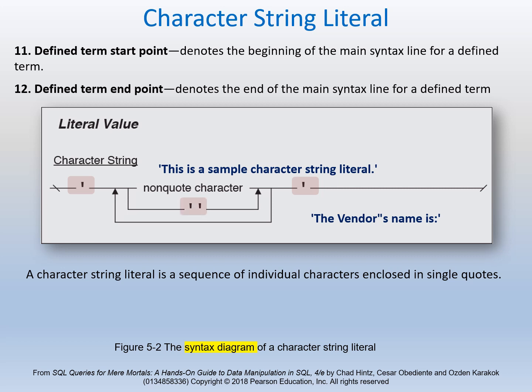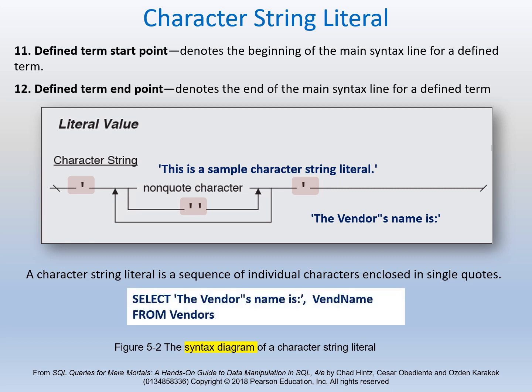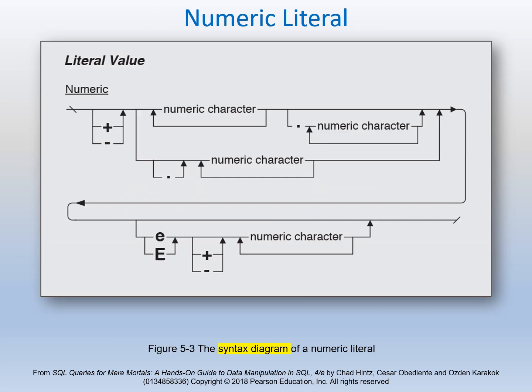And here you see its use on the syntax diagram. The SQL statement would be select single quote, the vendor, double quote, S, name is, colon, single quote, comma, and column name, VIN name from table, which is vendors.